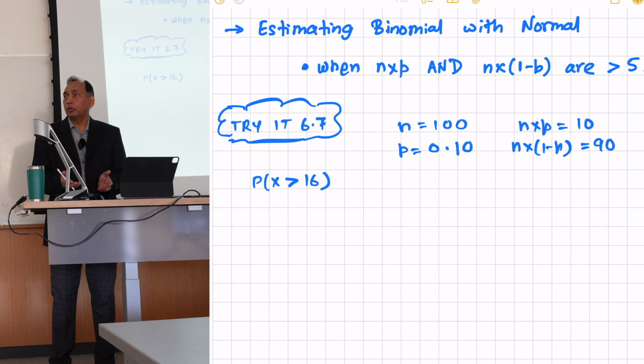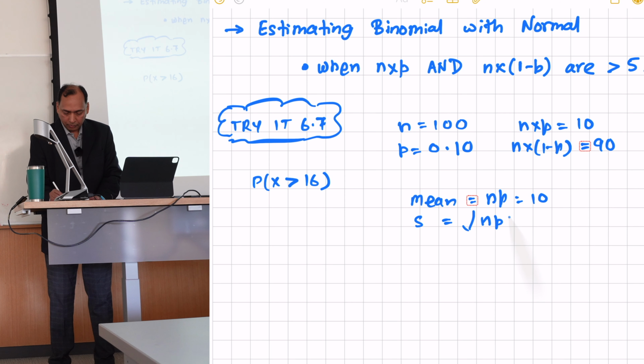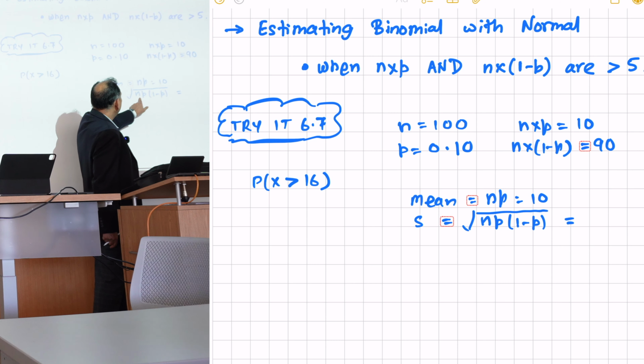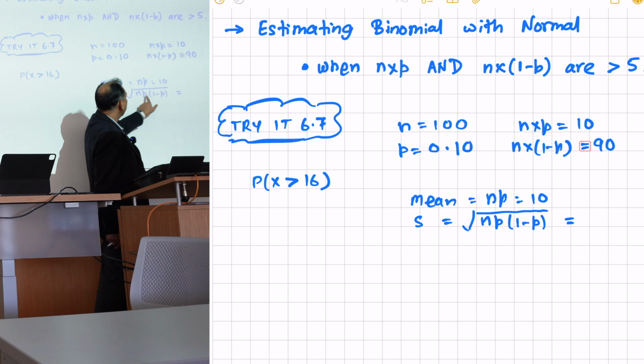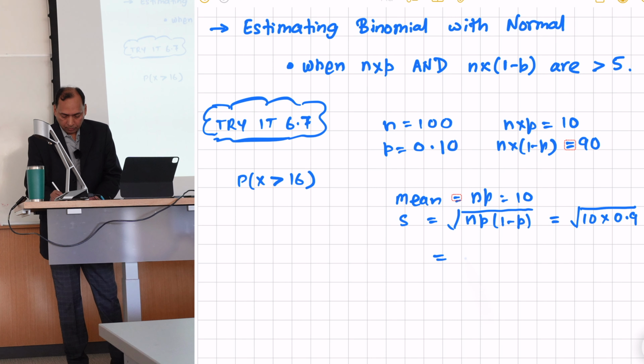But before that, normal distribution needs mean and standard deviation. So for binomial, mean is N times P, we got that as 10. And standard deviation for binomial distribution, if you go back and check it, the formula is the square root of N times P times 1 minus P. This is 10, and 1 minus P is 0.9, so 10 times 0.9 is 9, square root of 9 is 3.